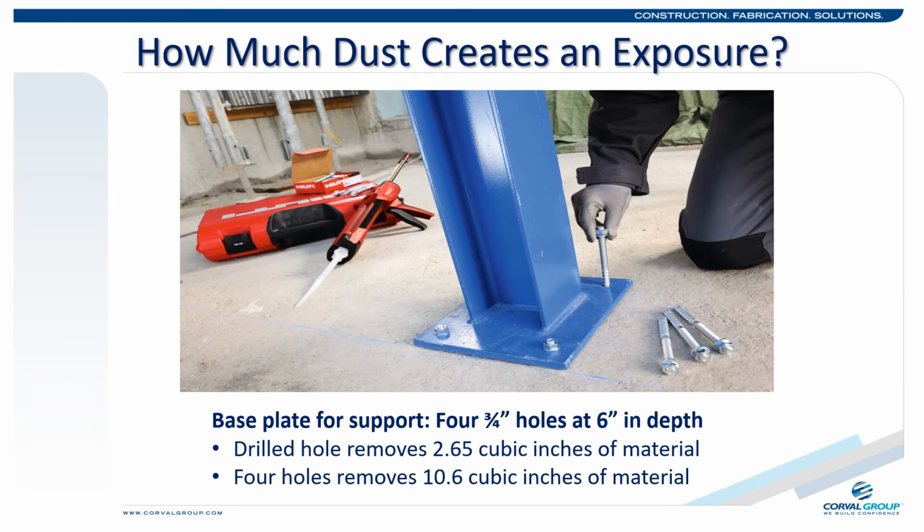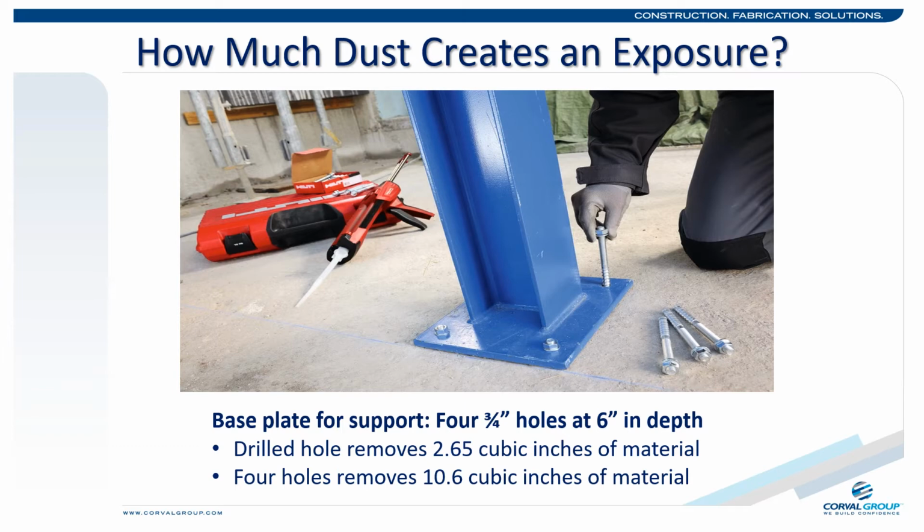How much of an exposure can drilling holes in concrete cause? If we drill 4 3/4-inch holes at 6-inch depth, we remove 10.6 cubic inches of concrete, which is 300 grams. On average, concrete is 50% silica. 50% of 300 grams of concrete dust equals 150 grams of silica. 150 grams converted to micrograms is 150 million micrograms.